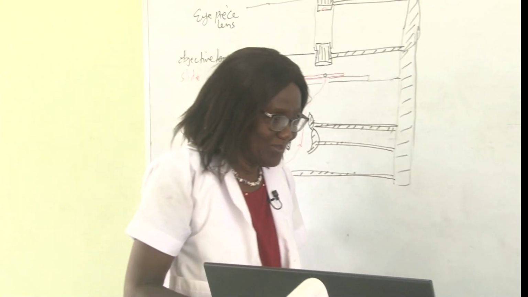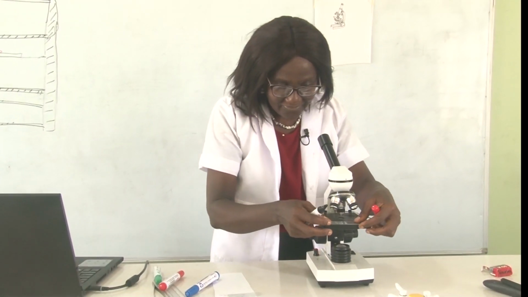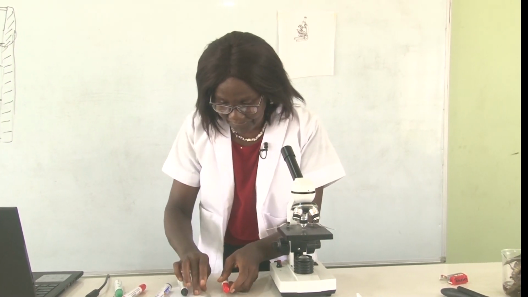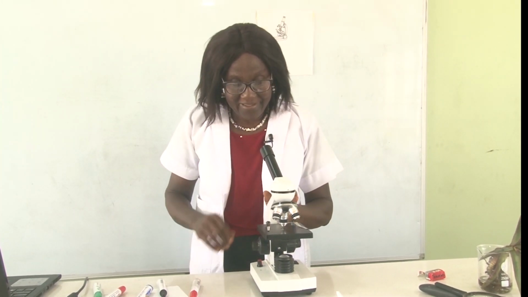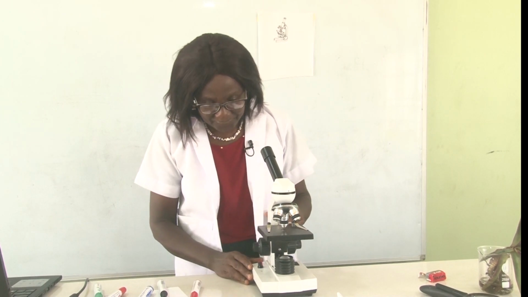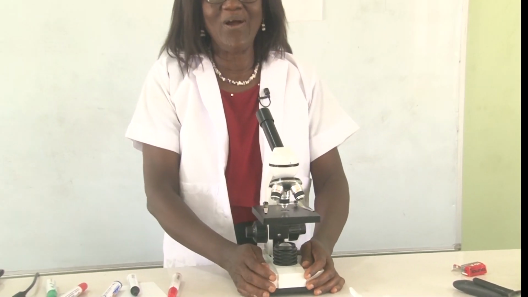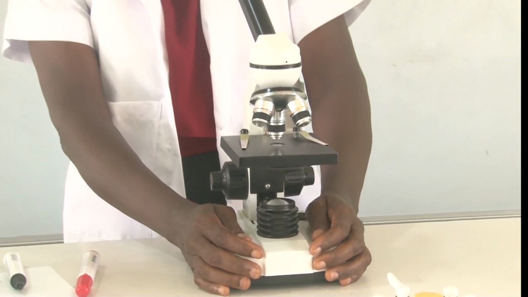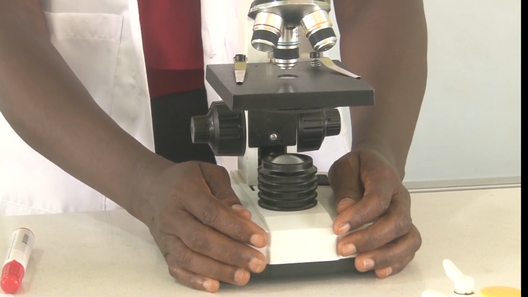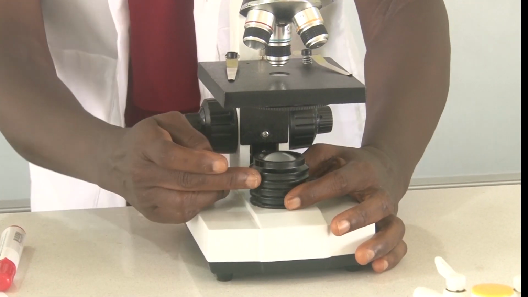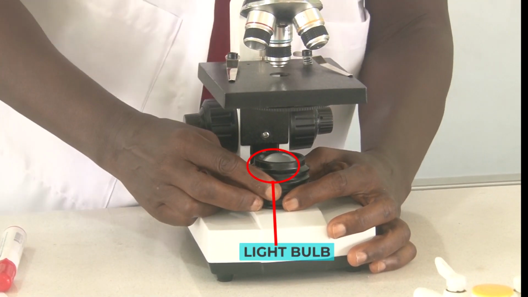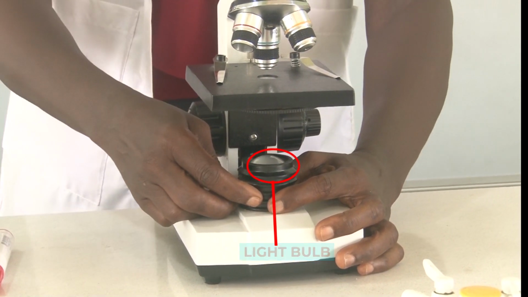Now let's get to the microscope. This is a very simple optical microscope. As we have described on the board, this just has a stand, and we have the light inbuilt there.